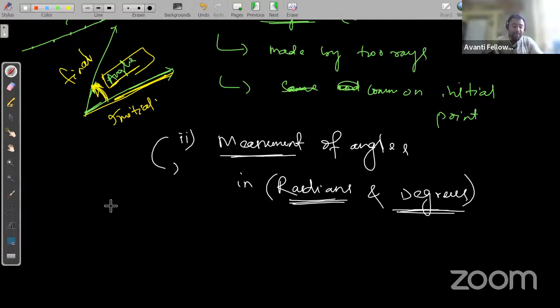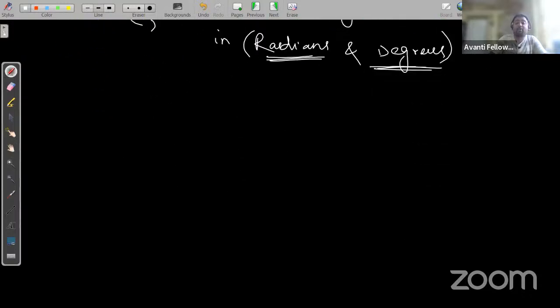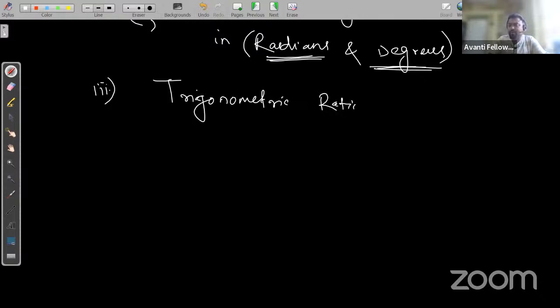That is standard angles for trigonometric ratios. The third portion will cover trigonometric ratios. In class 10th or 9th, you have covered trigonometry or not?